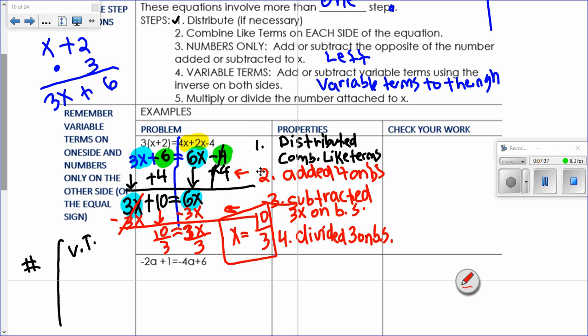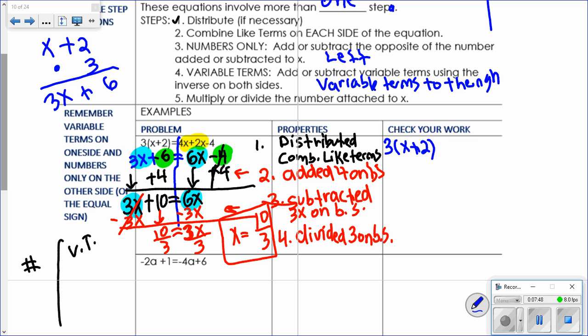So we come over here, we rewrite 3 times x plus 2 equals 4 times x plus 2, minus 4. Now I can go ahead and distribute, which I will do.